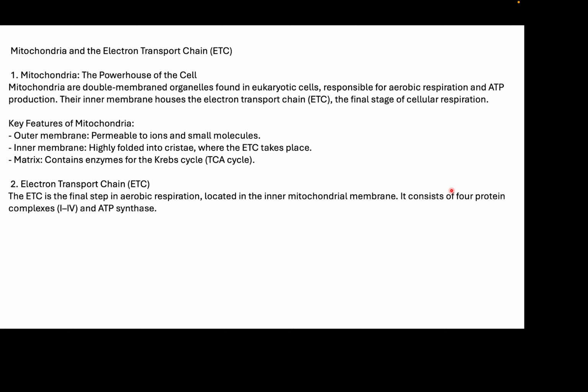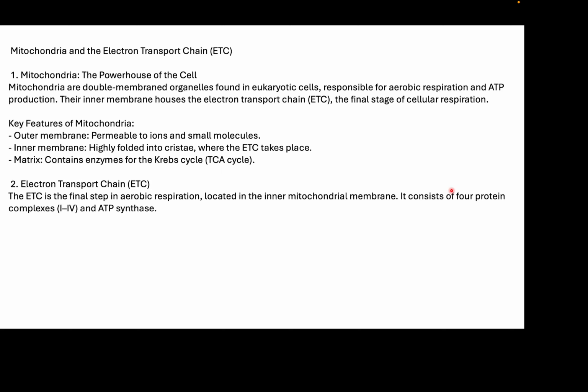So mitochondria are double membraned organelles found in eukaryotic cells, responsible for aerobic respiration and ATP production. As I've told you, ATP is adenosine triphosphate. What the name suggests, triphosphate, means it has three phosphate groups attached to the adenosine molecule.